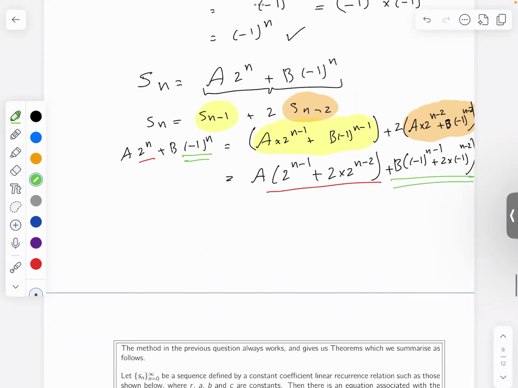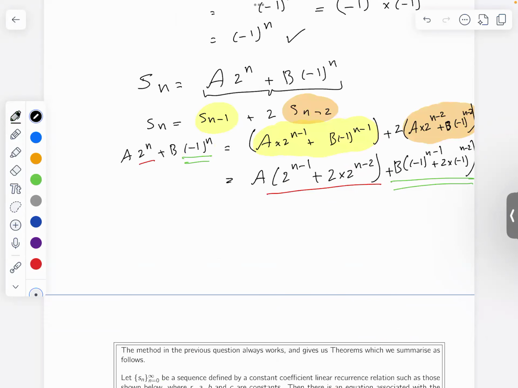So A times 2 power n plus B times minus 1 power n. So the right side is equal to the left side. So if you find two solutions, the linear combination of the two solutions will also be a solution.